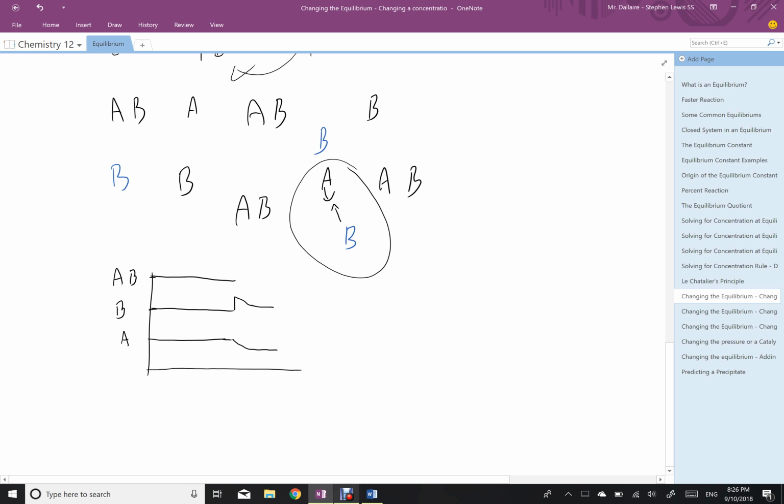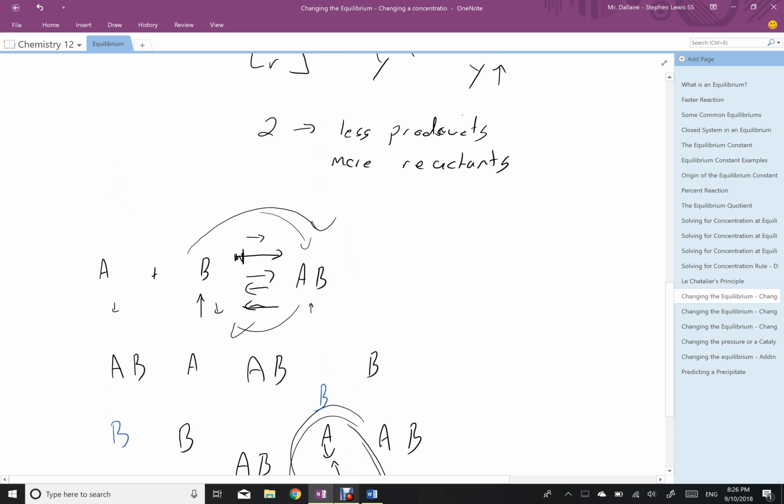This is going to deplete the population of A and B. It will also create new AB's and reach a new equilibrium. The equilibrium will be somewhere in between where the old equilibrium was and the equilibrium we're trying to form, but it will also resist the change. So if I increased B, it will drop the concentration of B away due to the increased likelihood of collisions.